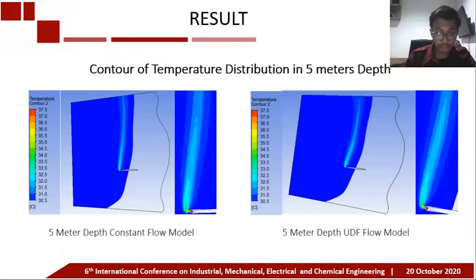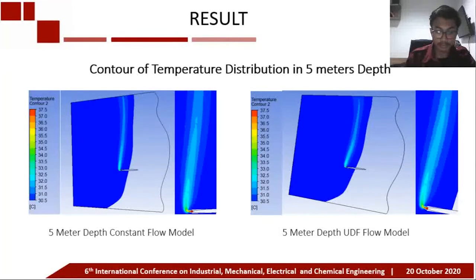From the figure, we know the temperature contour at a depth of 5 meters, where the discharge outlet position is. The maximum temperature rise for the constant current model reached 37.14 degrees Celsius, and for the UDF current model it reached 37.13 degrees Celsius.